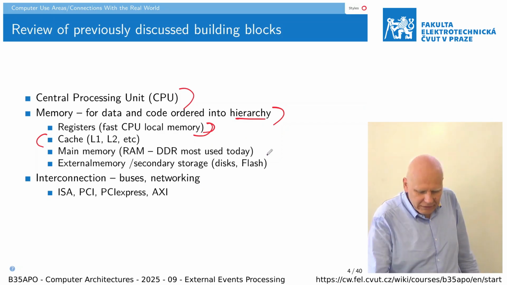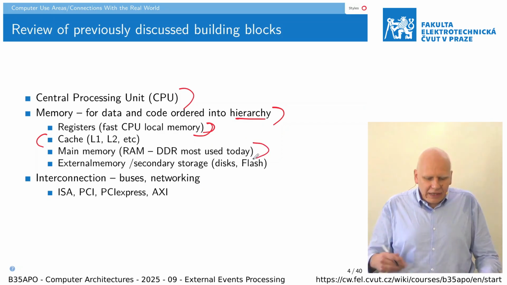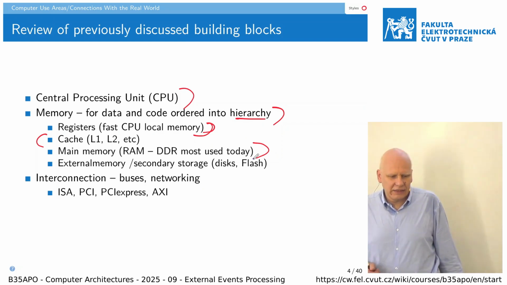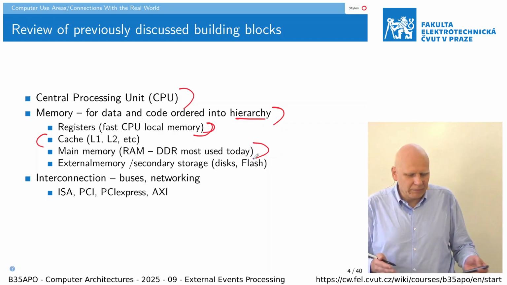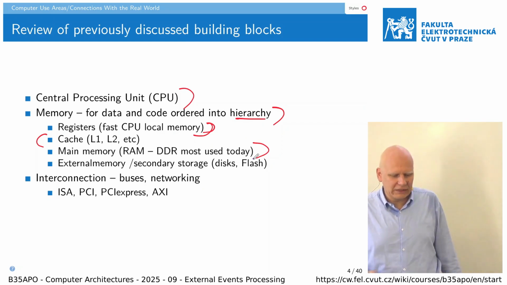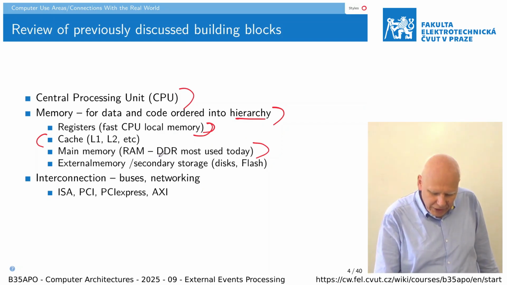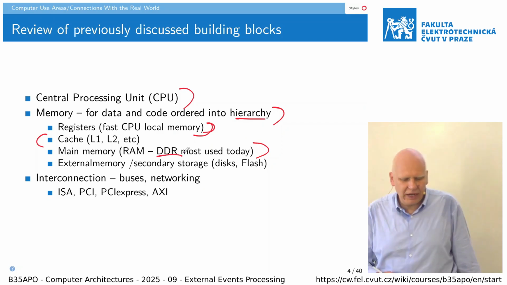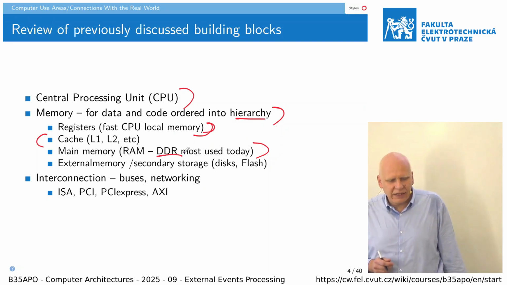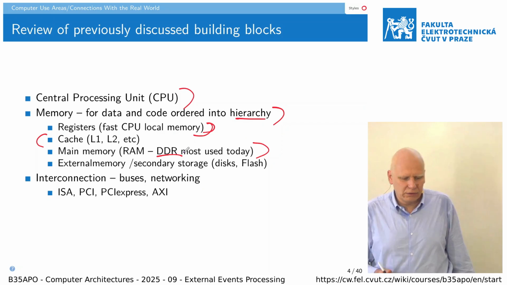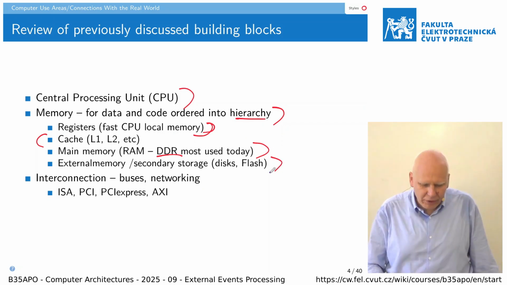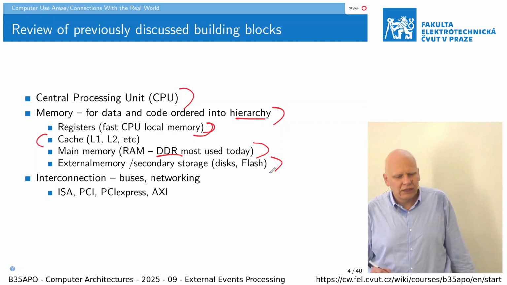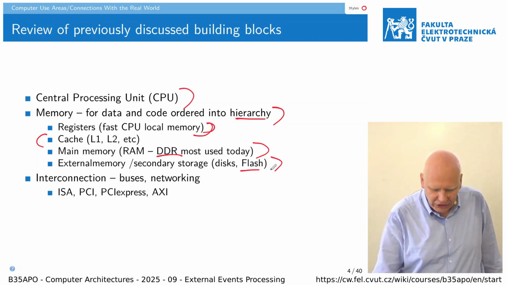And then we have the main memory. Again, organization of the data in the main memory is done by the code, operating system, and so on. This memory is usually realized by double data rate SDRAM today. Then we can have some external memory or secondary storage, like a disk and flash and so on.